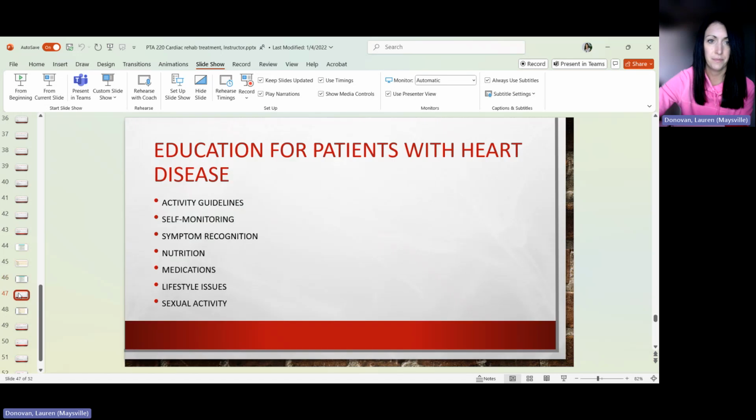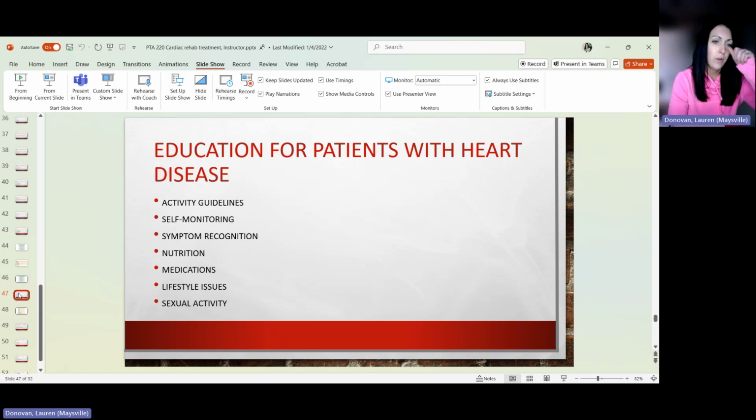Read over it. Now, education for patients with heart disease, that might be activity guidelines, self-monitoring. A lot of it could also be energy expenditure, how can you make it less energy for them to maybe do cooking or to do laundry. So having things that are weight-tight, things that don't, maybe taking rest breaks, all of that's going to be part of that.